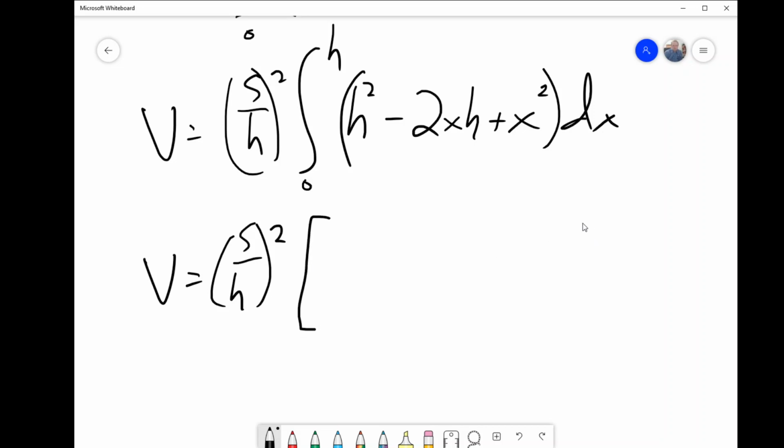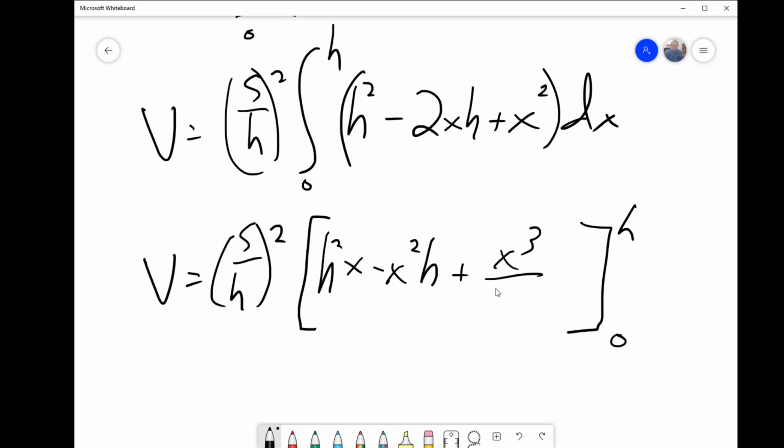We'll skip to the completed integral from 0 to h. We now have h squared x minus x squared h plus x cubed over 3.